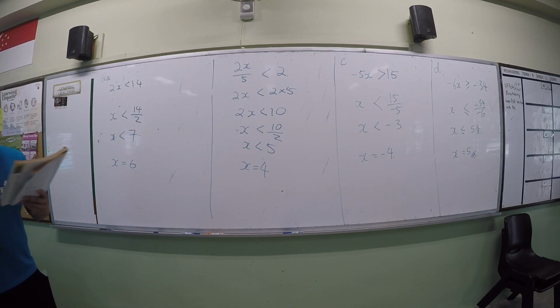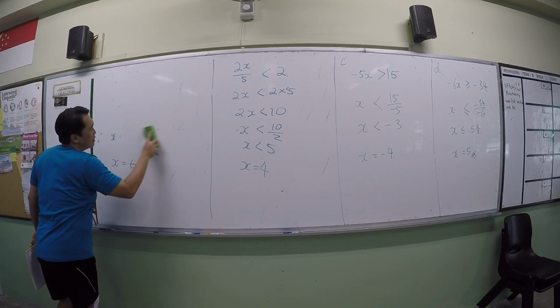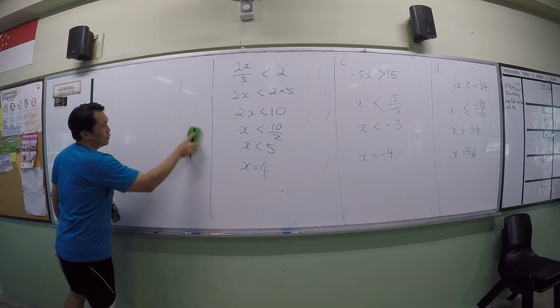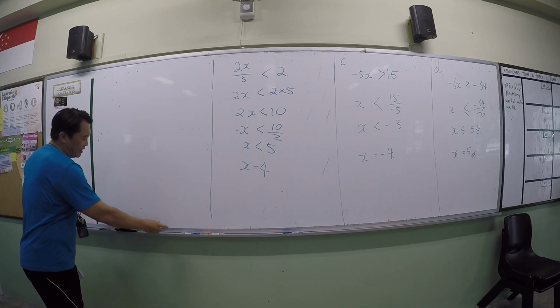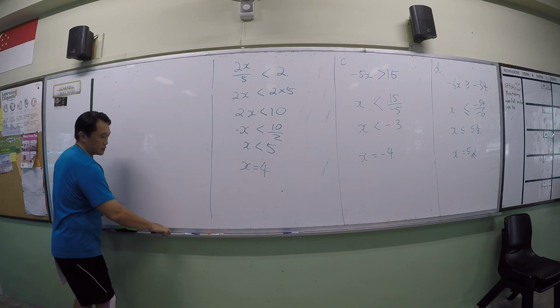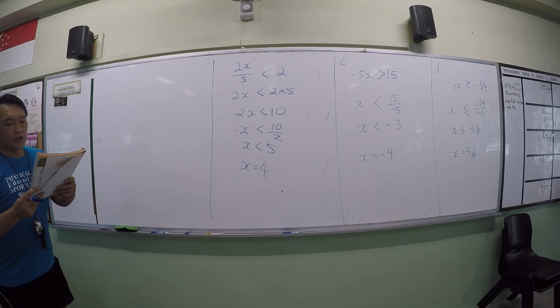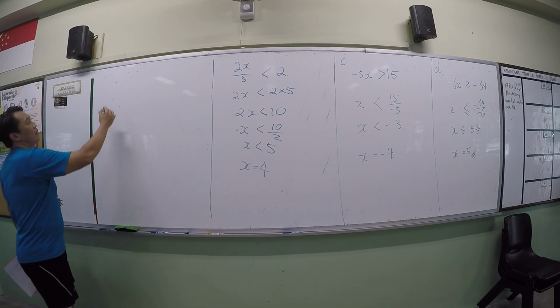Okay, we do 7A together. Again, it is about translating English to mathematical symbols or writing English with short forms. 3 times of A is greater than 4.